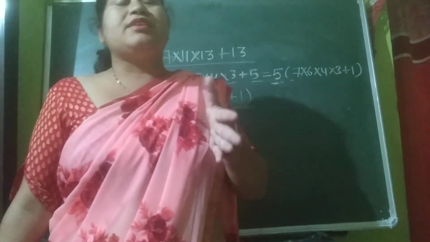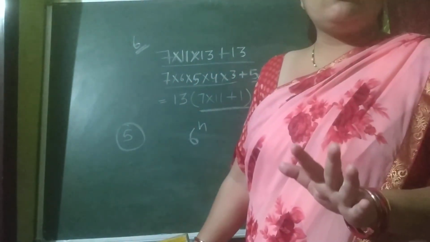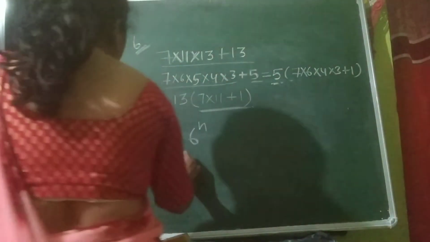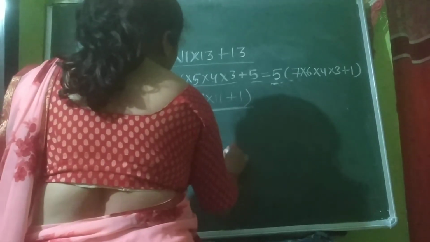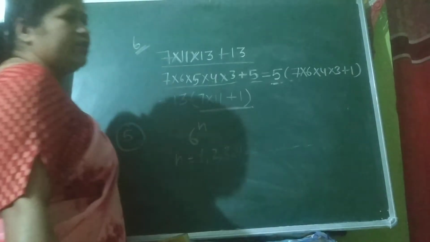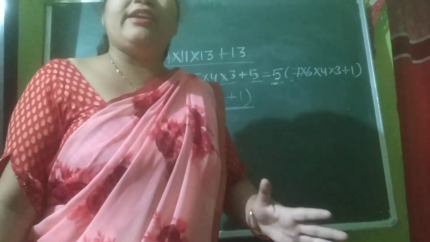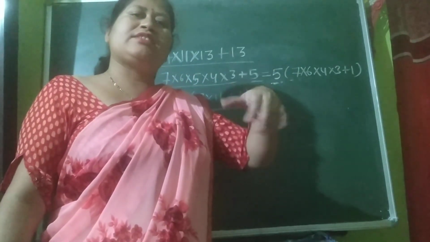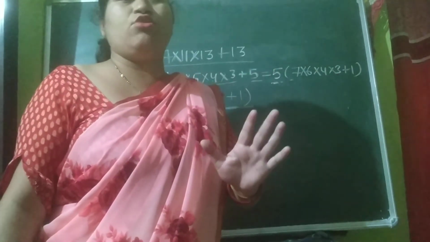N can be any natural number, and they are saying n is a natural number; natural numbers we know are 1, 2, 3, 4 and so on. They are asking, will 6 to the power n end with digit 0 or not? Means when we expand it, at last will the digit be 0 or not?